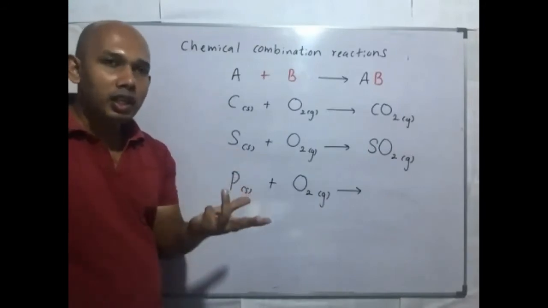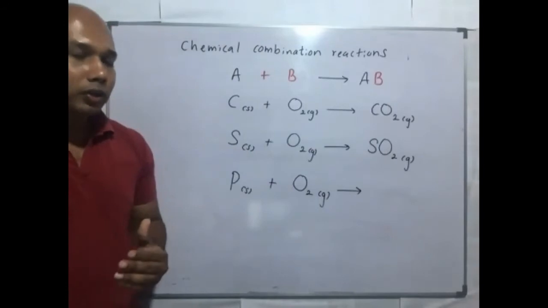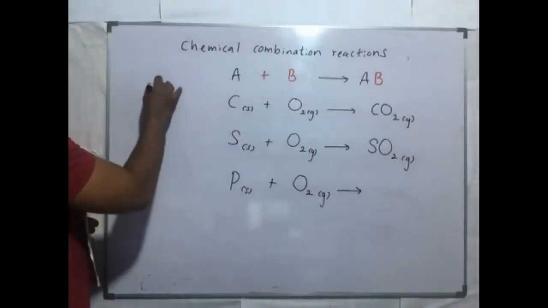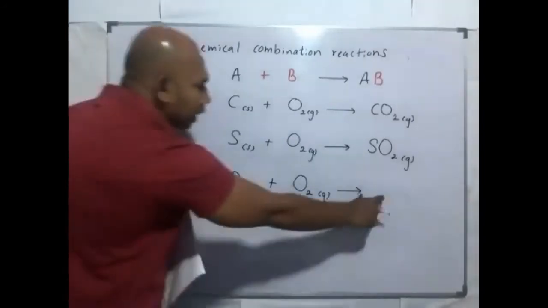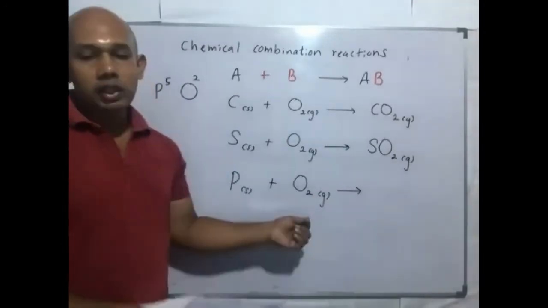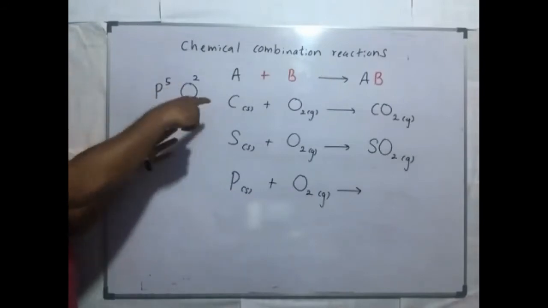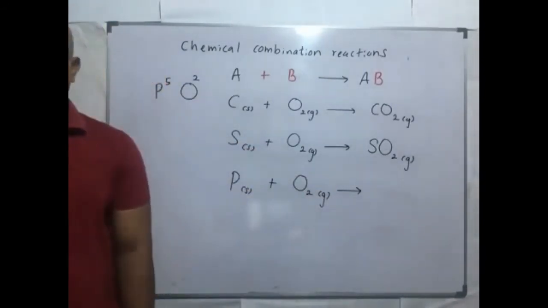First one 3, the other one 5. The most stable valency is 5, right? So decide the formula. Phosphorus valency 5, oxygen valency 2. Exchange the valency, right? Then you can decide the formula, then balance the reaction.